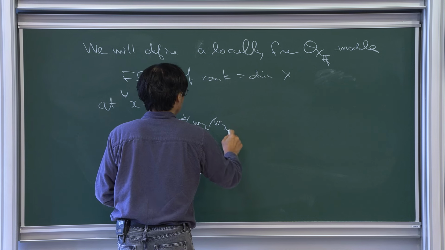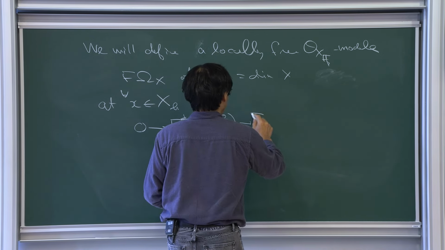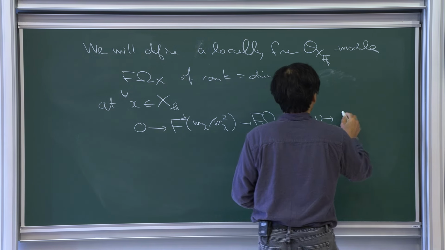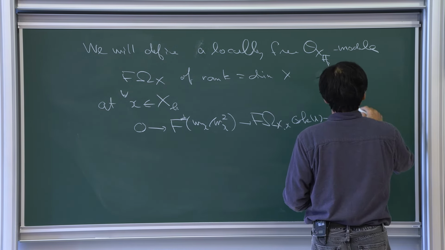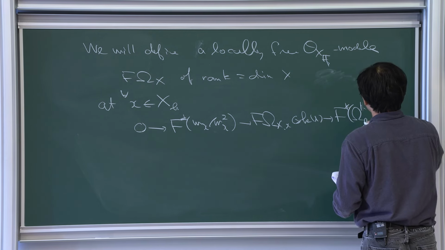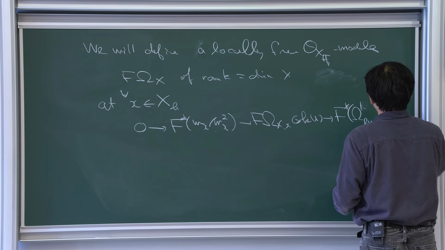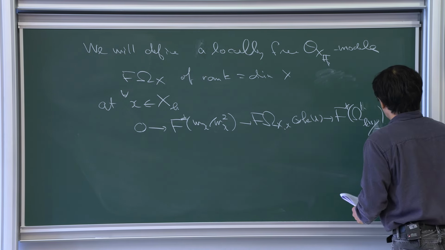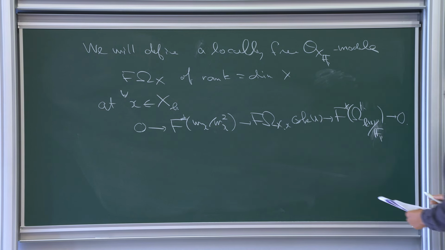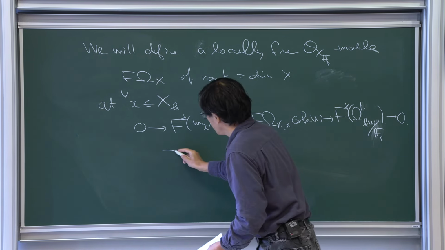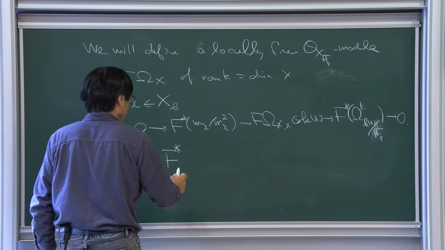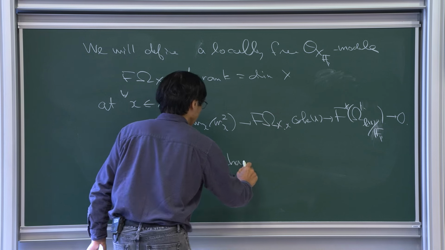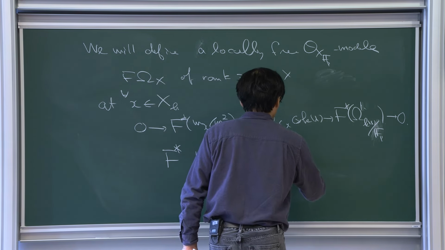Not only at the closed point, in general, the fiber, so here we have the absolute differential over F_p. And here, this F upper star means the base change by the absolute Frobenius.